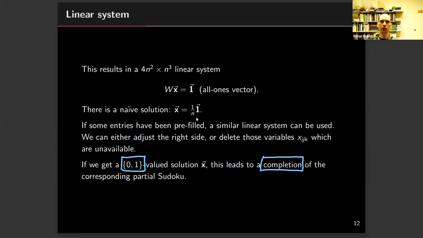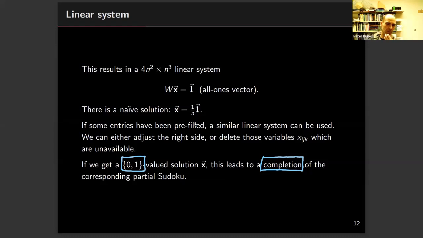Now, there is a naive solution, but you wouldn't get any credit for solving an actual Sudoku this way. You would just say, okay, I'm basically going to take every symbol equally often everywhere. And equally often would be 1 over n times. Now it's easy to see that all those equations are satisfied, right?